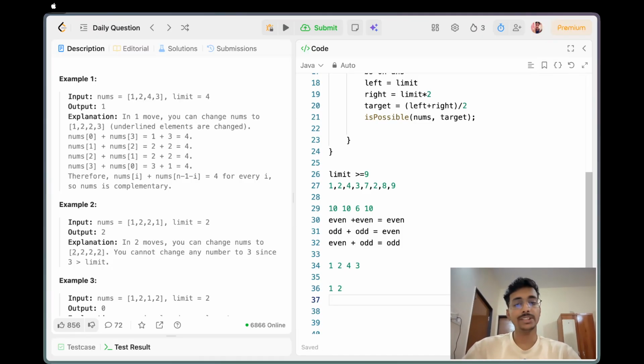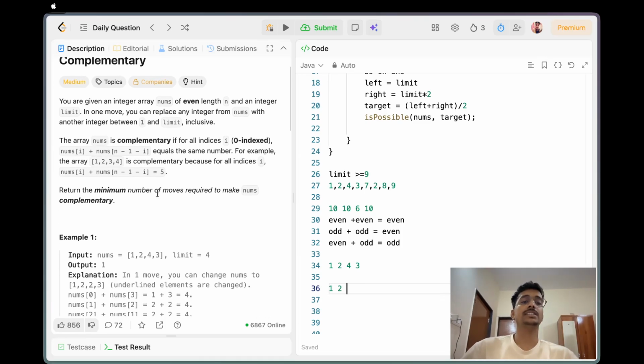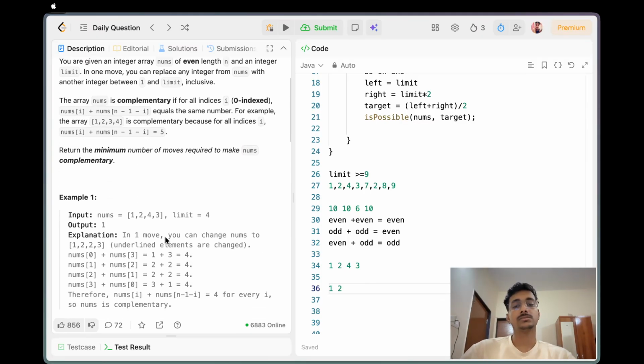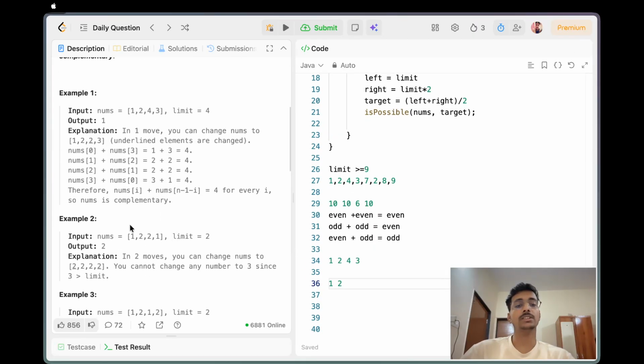So how many variations does it have? Two variations. This could be the answer. Just create the difference array and check how many distinct values it has, and the distinct values minus one will be the minimum number of moves required. Yeah, distinct values is two, and one move is required.